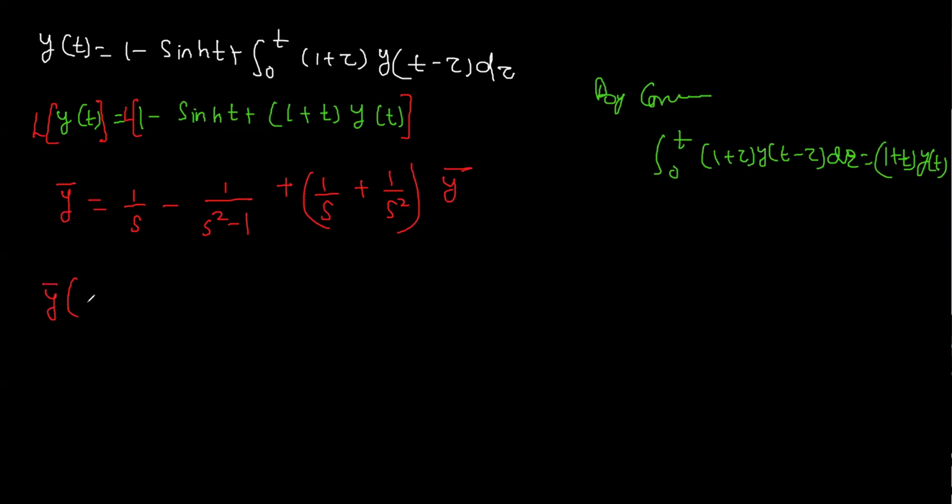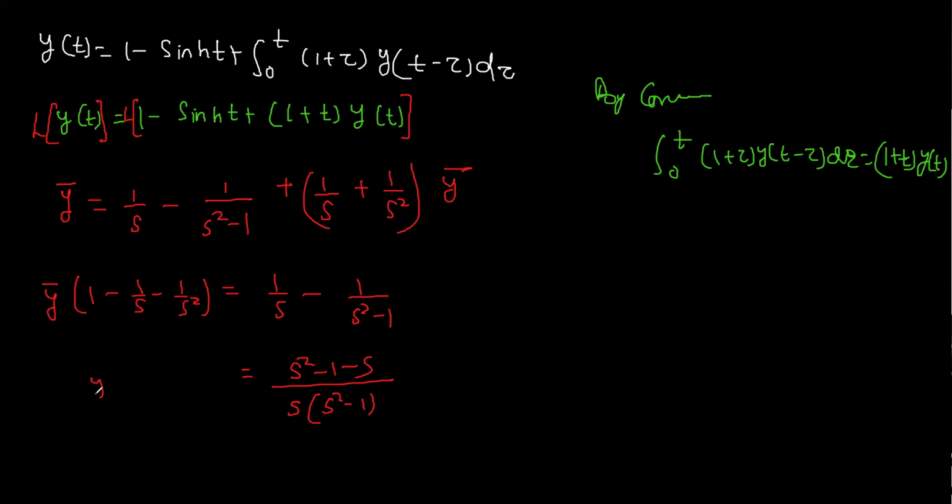1 minus 1 by s, s square minus 1 minus s, right? Understood?